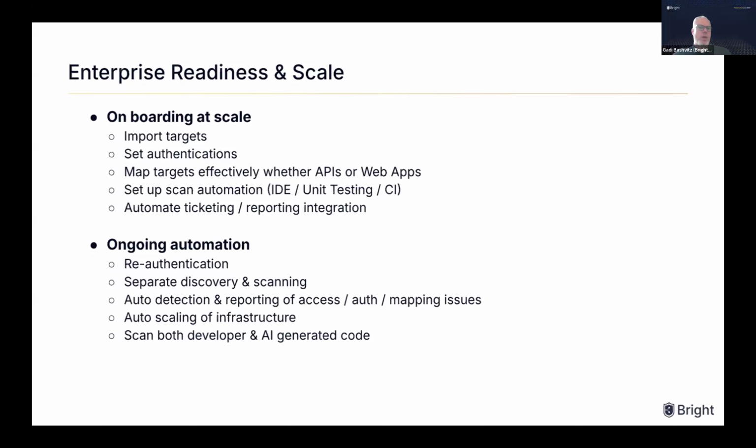And in order to do that effectively, you need to have the ability to upload schemas, or the ability to crawl targets, or the ability to upload HAR files or Selenium scripts, as we mentioned earlier, the broad set of ways to ingest the target so you can parse them correctly and find all the places where vulnerabilities could be lurking, and automate the scan components, whether it's automatically in the IDE or automatically when you run unit testing, or as Haris just showed, in that CI flow.